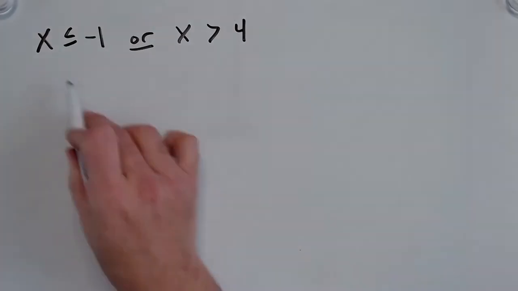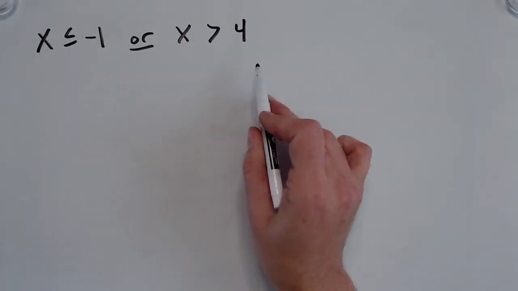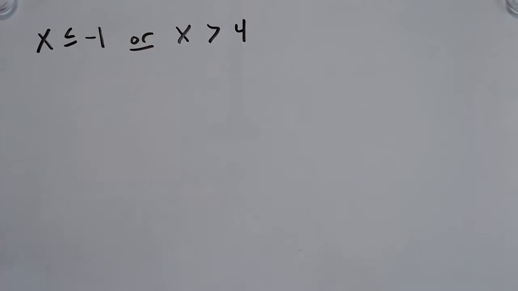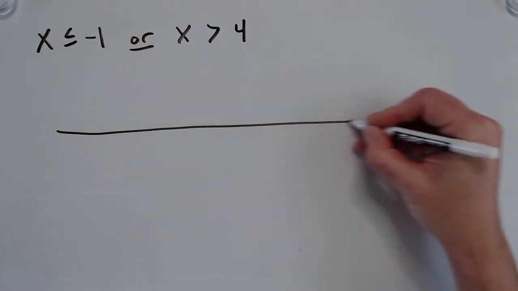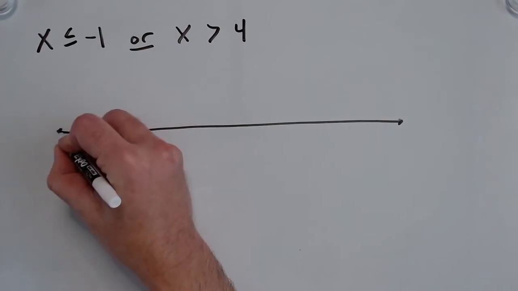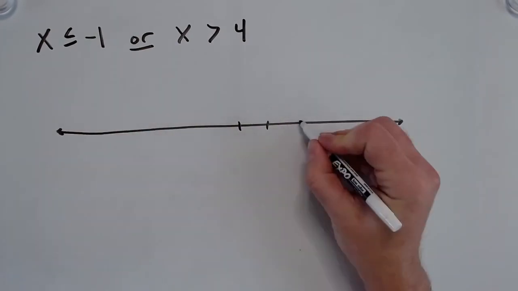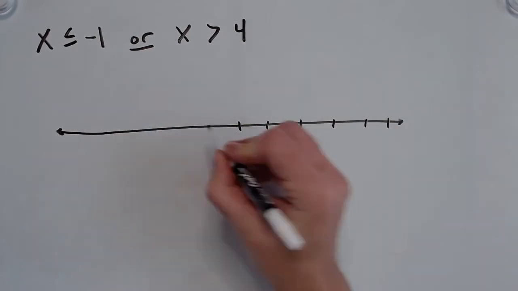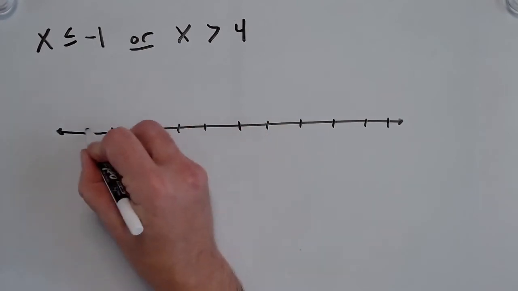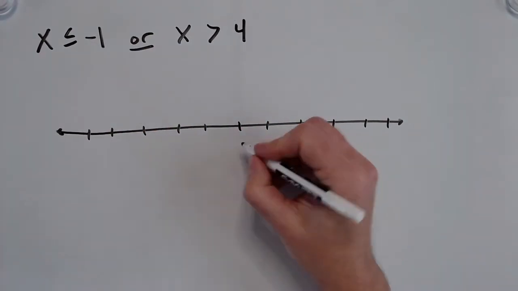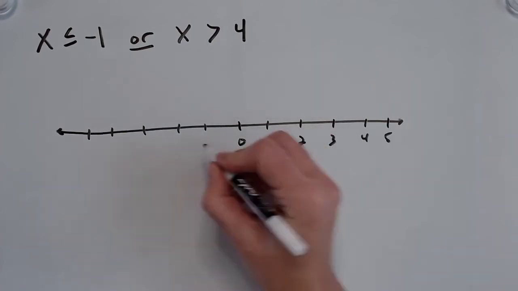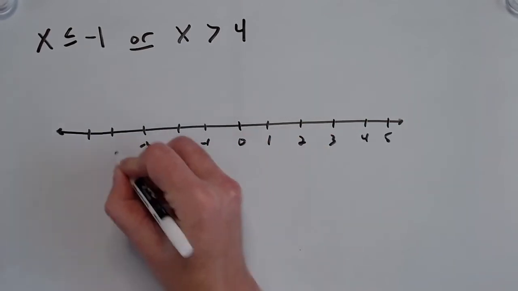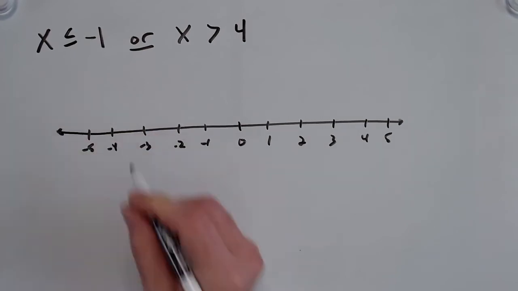Now there's no fun mathematical way to do this where you can smash it into one phrase because of this or. So I'm going to hand draw another number line. It's not super straight, and not super evenly spaced either, but you get the point. We'll do 0, 1, 2, 3, 4, 5, negative 1, negative 2, negative 3, negative 4, negative 5.